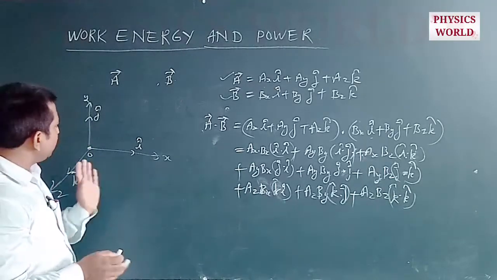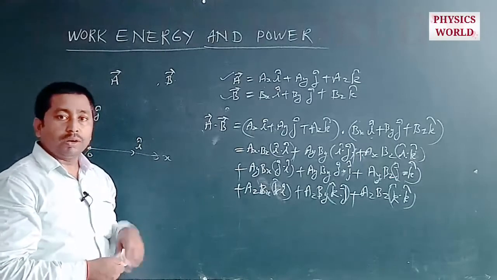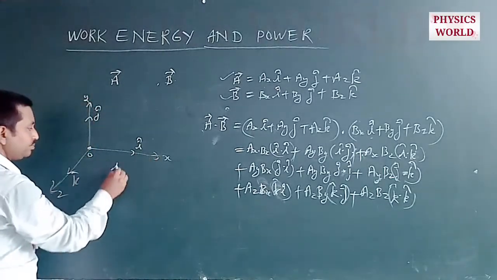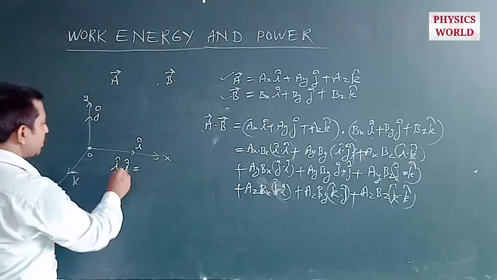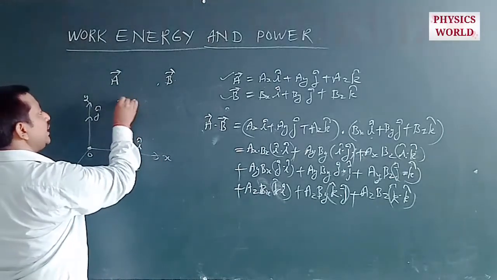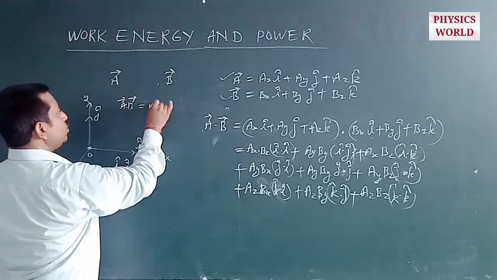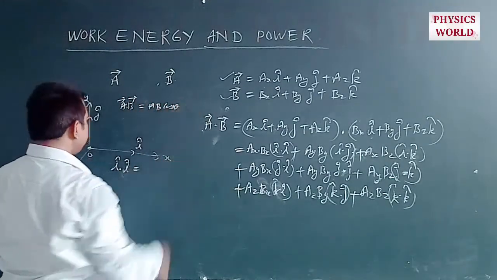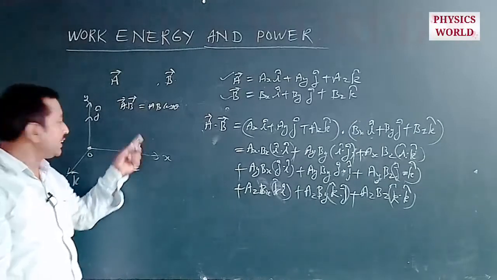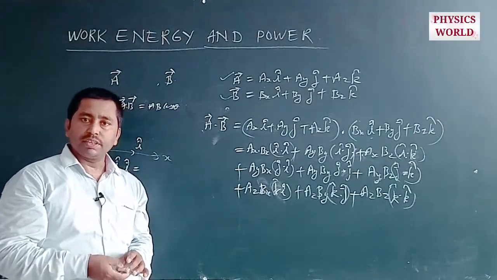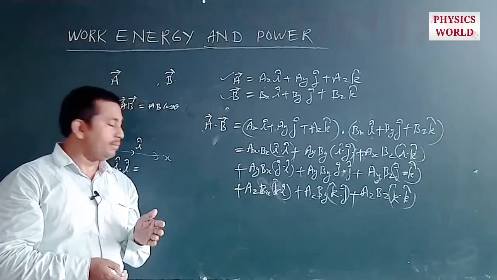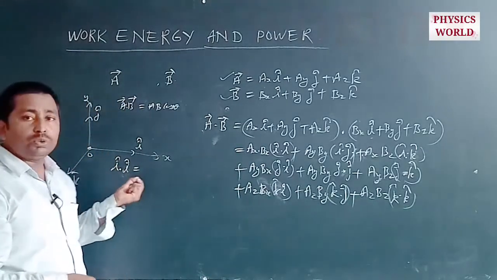If you want to know the product of i dot i, we can easily obtain it by applying the formula vector A dot vector B equals AB cos theta. As we know that i, j, k are unit vectors, their magnitude is 1. It means mod of i cap is equal to 1.